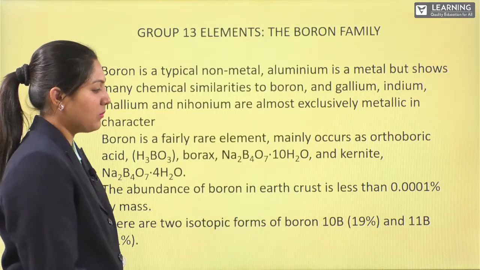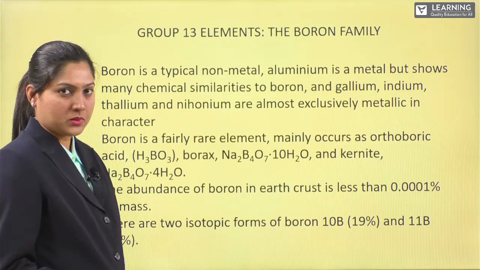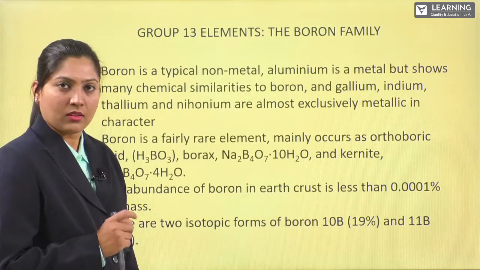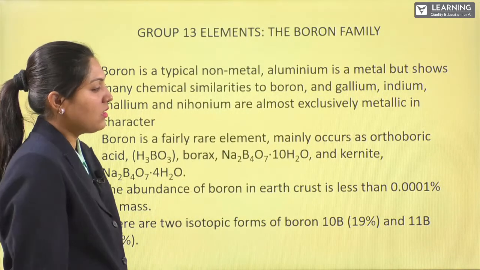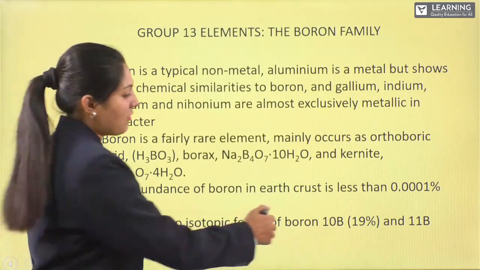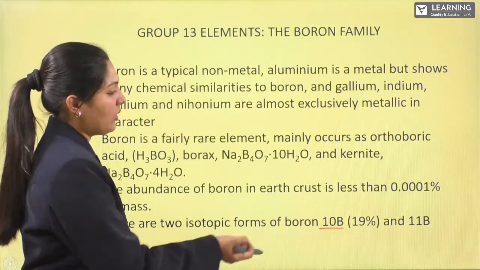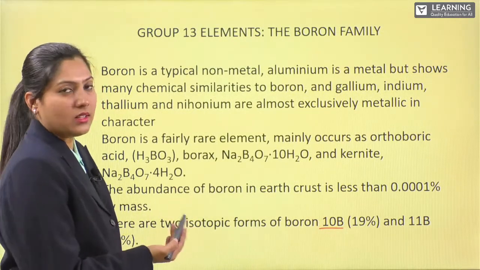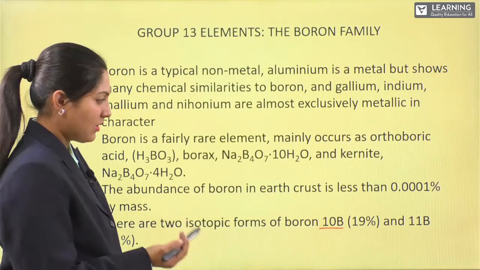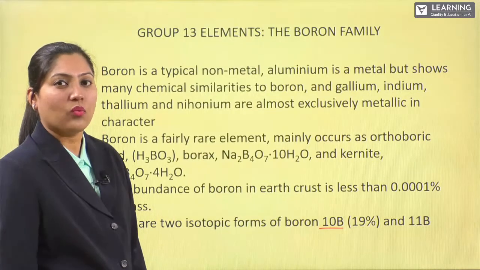They just give the number like that for the isotopic form. We know isotopes differ in atomic mass. The isotope with atomic mass 10 will be 19%, whereas the isotope with atomic mass 11 will be 81%.